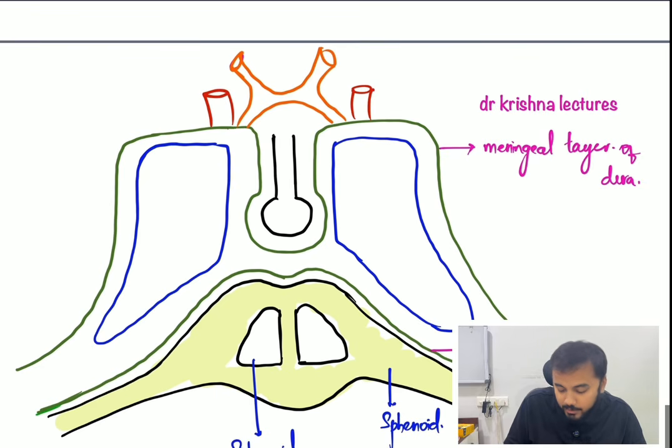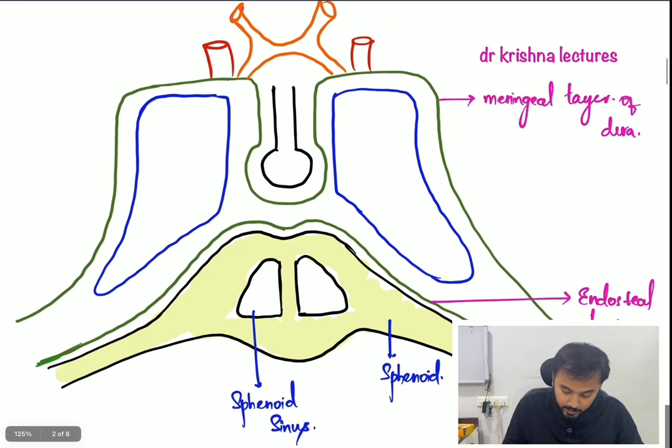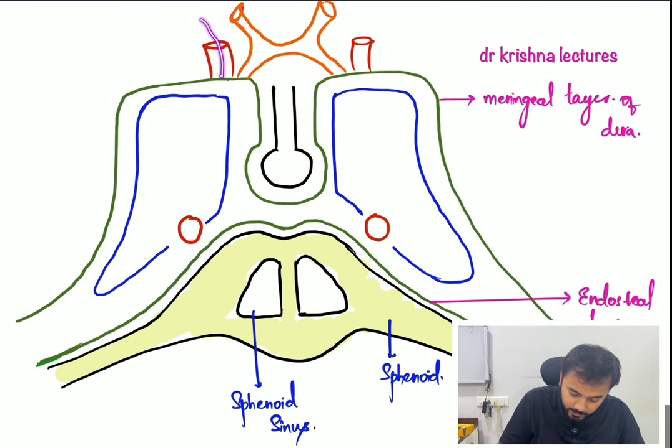This particular artery over here is your internal carotid artery, and it will show up down over here. Let me show it to you. You see this? This is the internal carotid artery that is running and coming out from here. So this sinus covers this internal carotid artery this way.